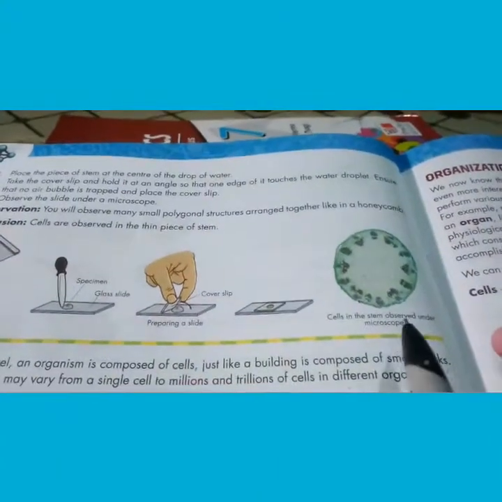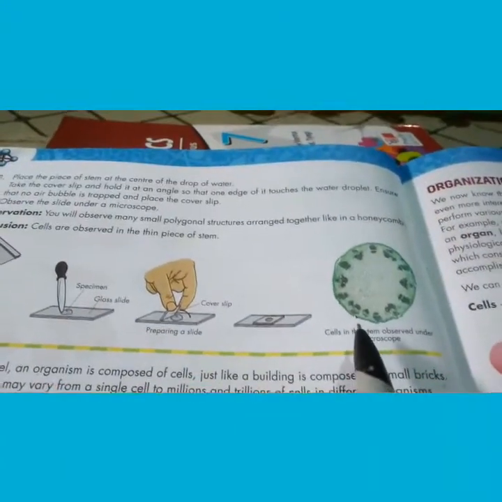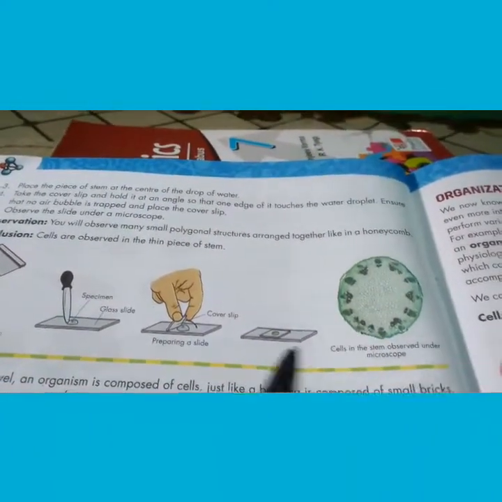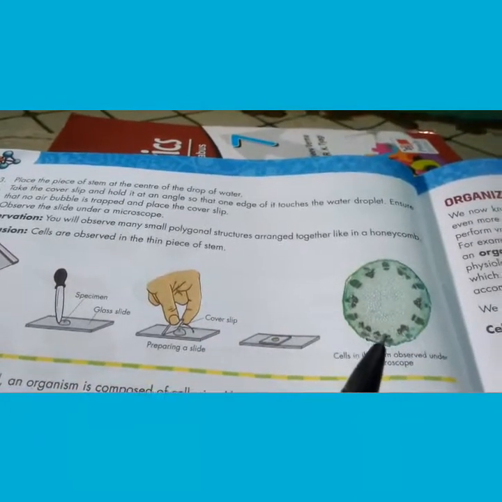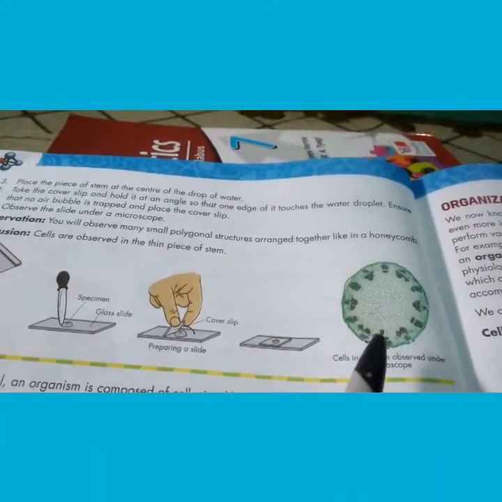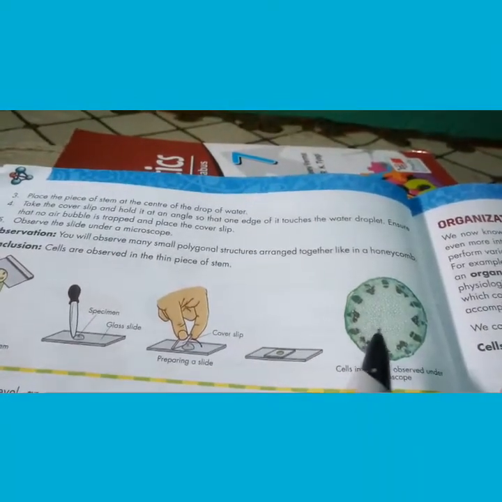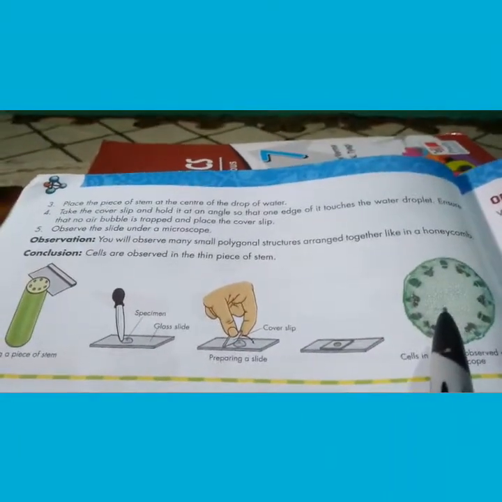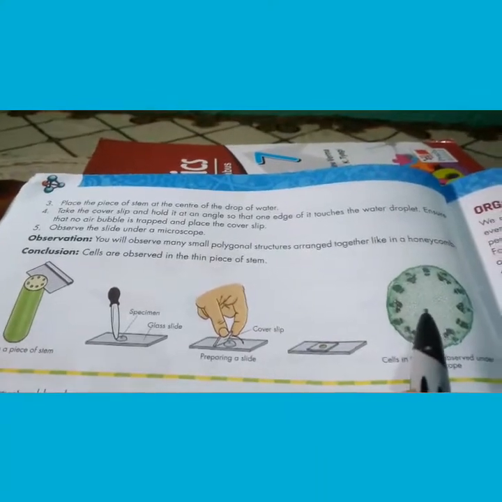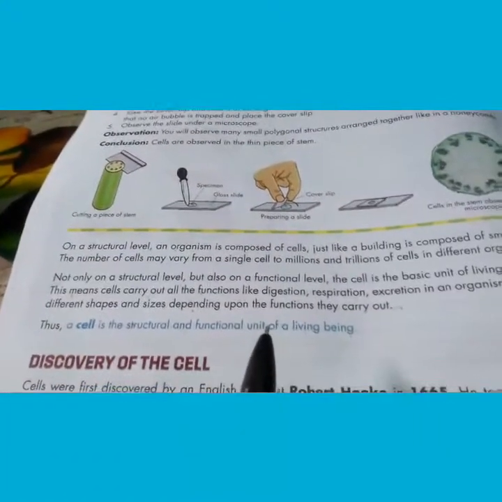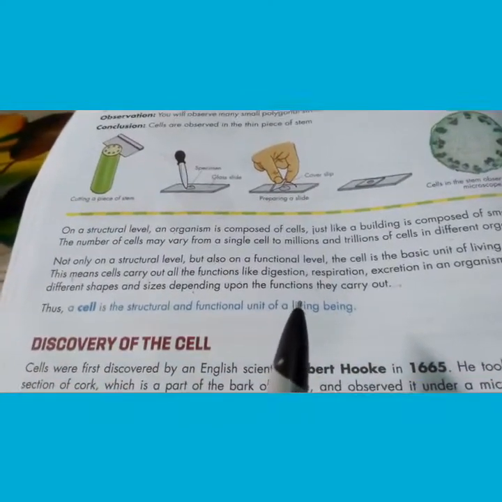Again, you have studied an activity of preparing a stem cutting. It shows the different types of cells within it. The smaller unit of this stem is the cell. So the cell is known as the structural and functional unit of life.